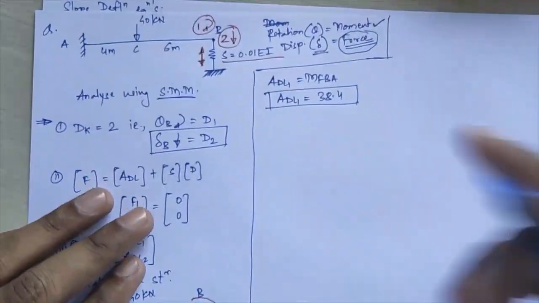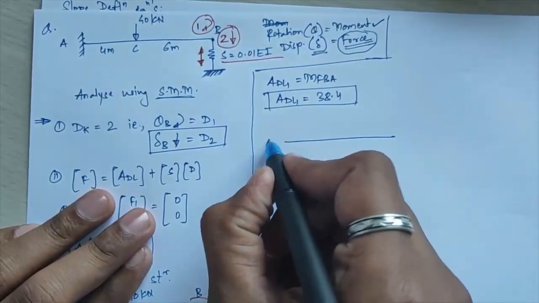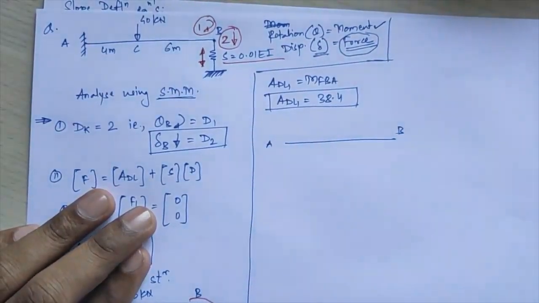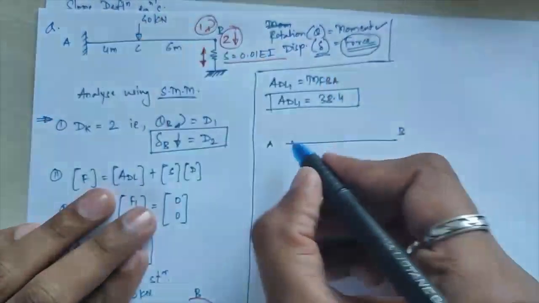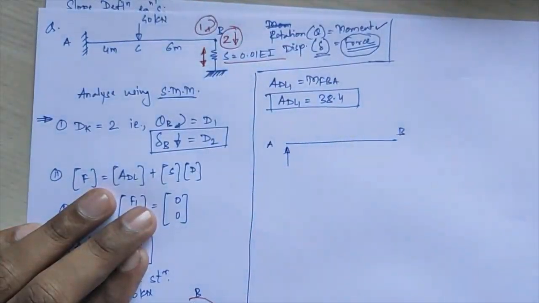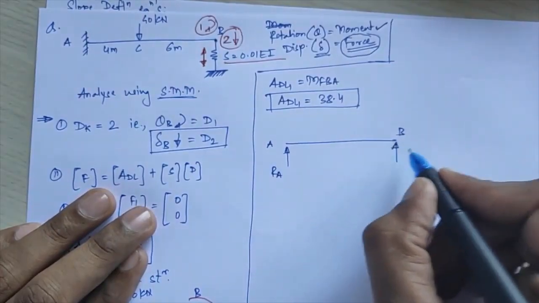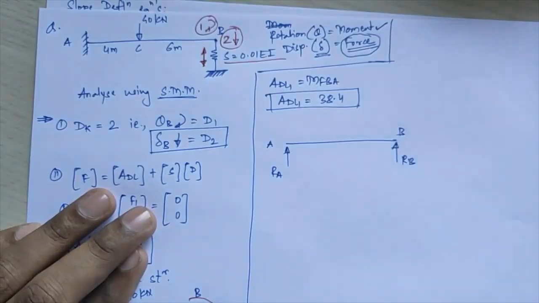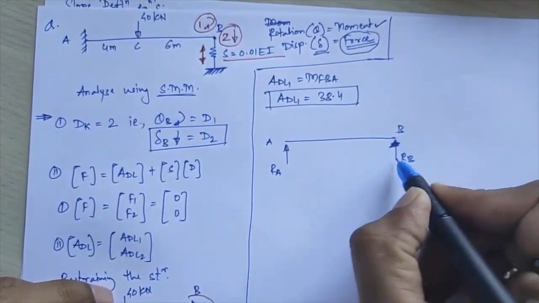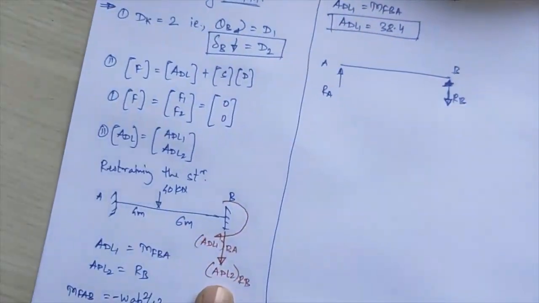Okay, so here again I'll consider the member AB. Suppose this is your fixed support over here, so here I'll be having the reaction RA, and here I'm having my second reaction as RB. Okay, instead of upward I'll assume this as downward, because here I have considered that as downward direction.